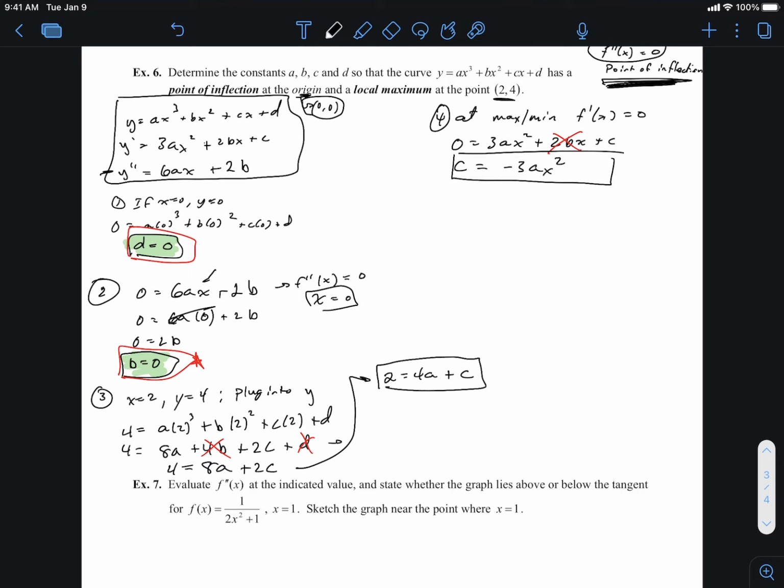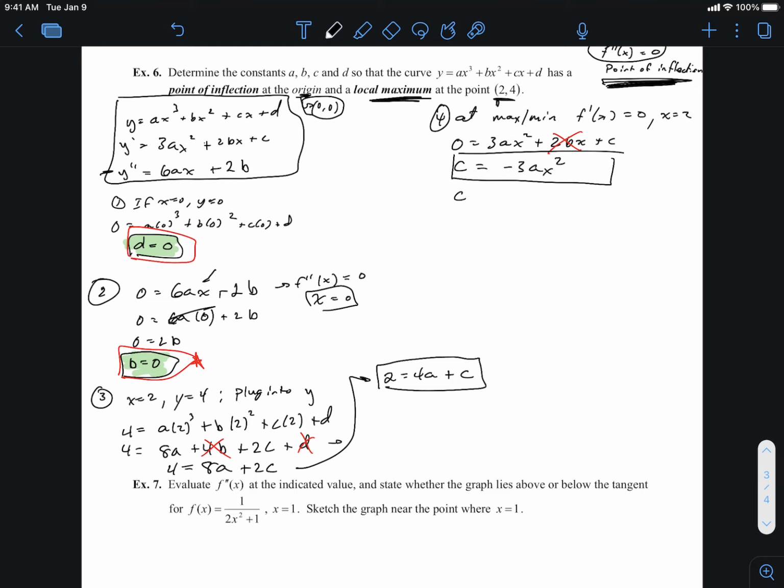So what could we do with that? Okay, well, there is something else that we know too. We could probably actually do this quite nicely. We also know that the local maximum occurs when x equals 2. So not only do we know the fact that f prime of 0, the slope of the tangent at this point is 0, we also know that it's occurring when x equals 2.